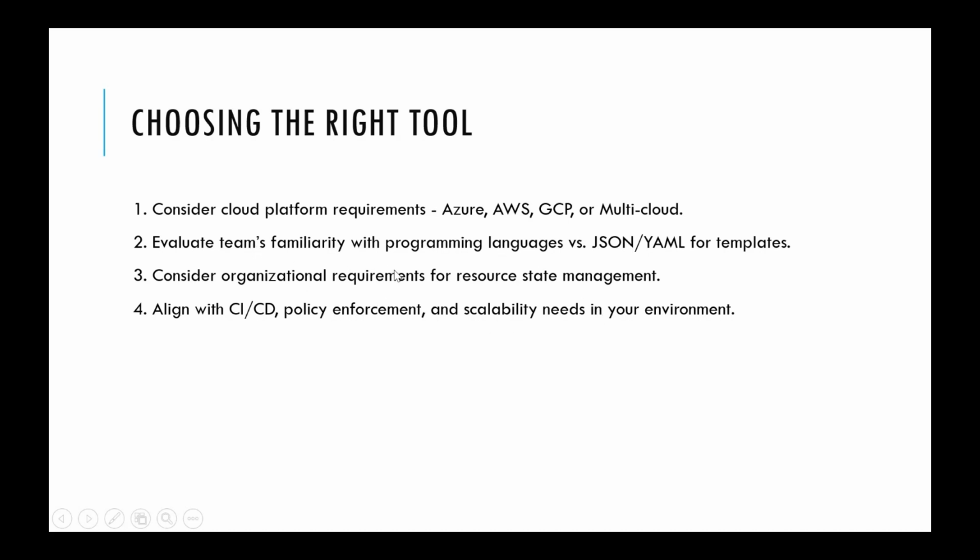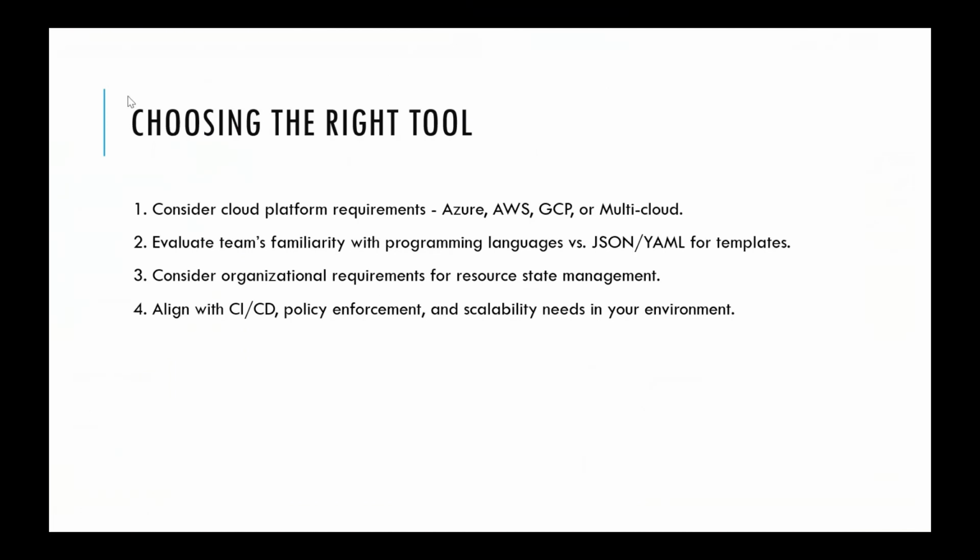Evaluate your team's familiarity with languages like JSON or YAML for templates. Consider organizational requirements for resource state management, whether you'll be able to manage the state or not. Align with CI/CD policy, compliance, and scalability needs in your environment. You will have to consider all these points before selecting the right tool for your environment.